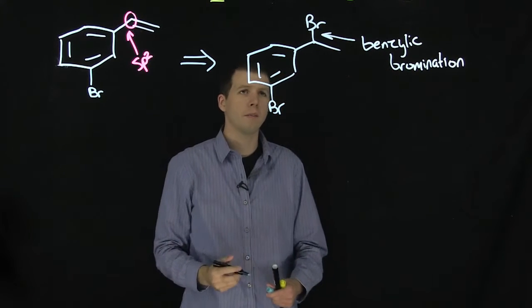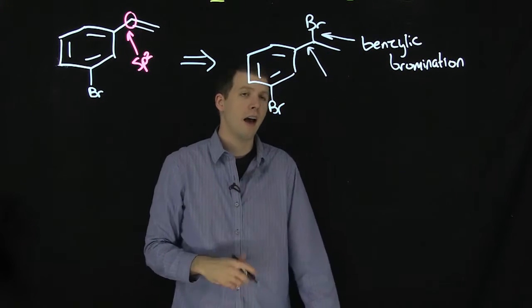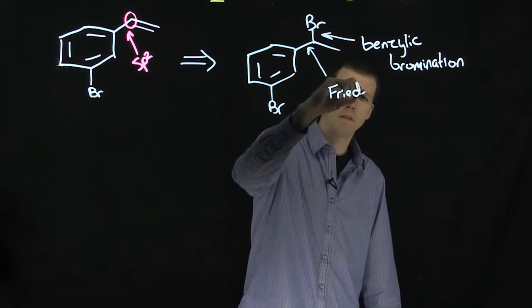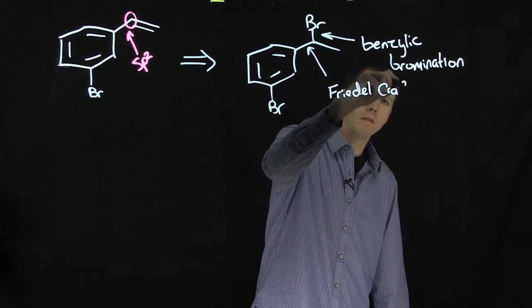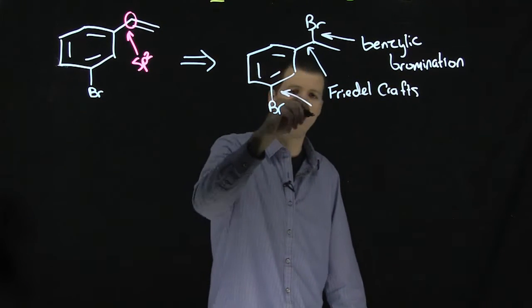Okay, then from there, we'll be able to install this alkyl group through a Friedel-Crafts reaction. And then this bromine just through a standard bromination.